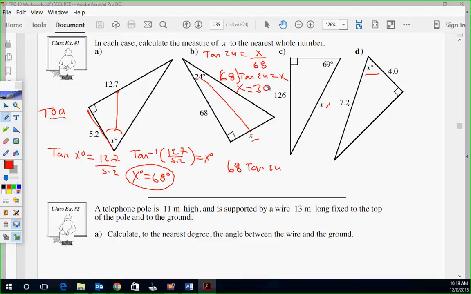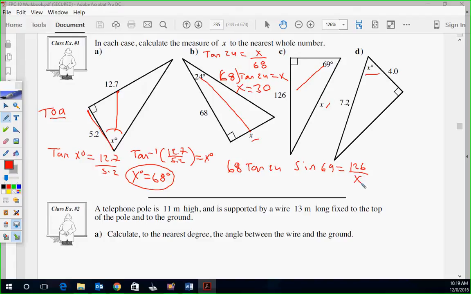All right, so then this one, we got an angle. They gave us 2 angles. The 126. So we have opposite over hypotenuse, sine. So we're going sine of 69 equals 126 over x.